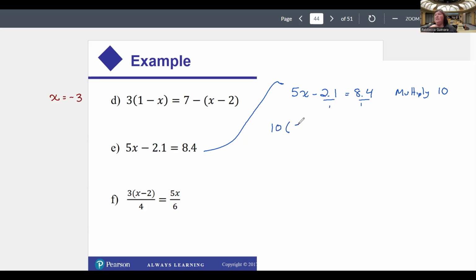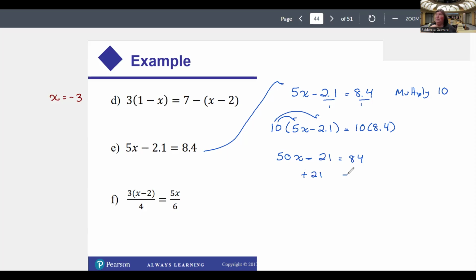So I'm going to do 10 times (5x minus 2.1), and then 10 times 8.4. Remember, just multiplying everything on both sides by 10. If I distribute this 10, I end up with 50x minus 21 is equal to 84. Once again, this is something easier for us to handle.